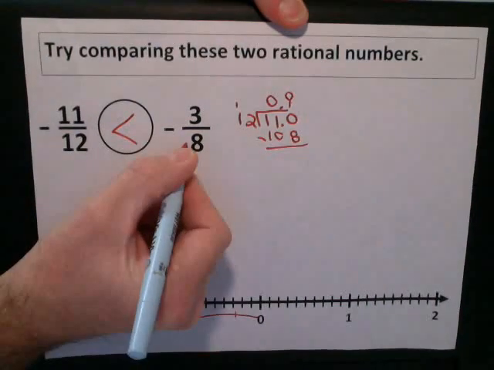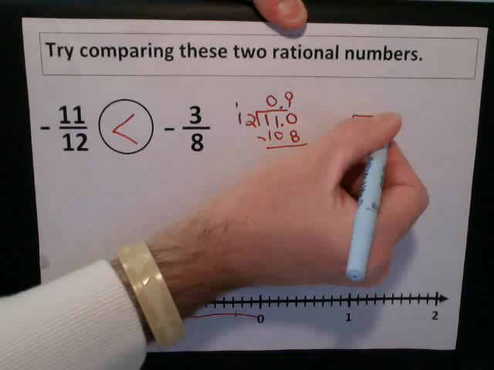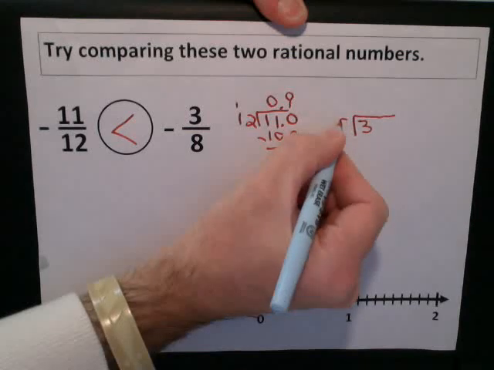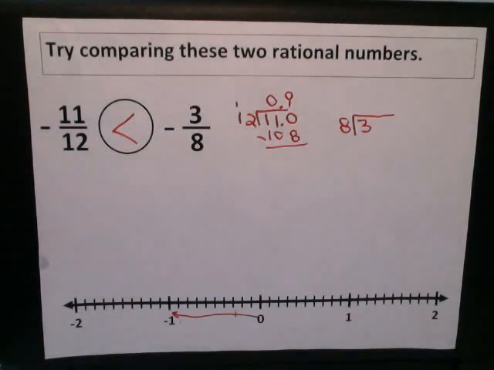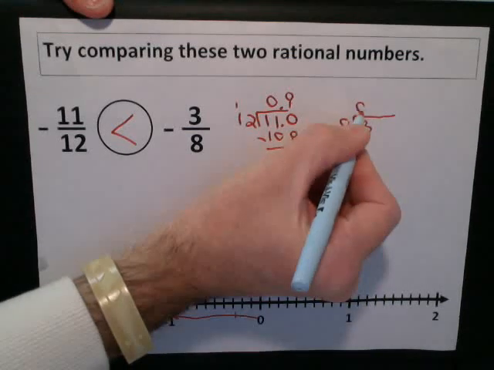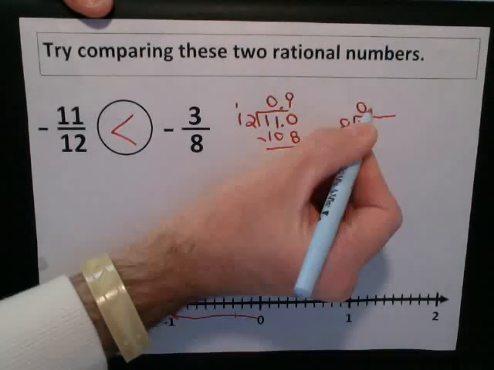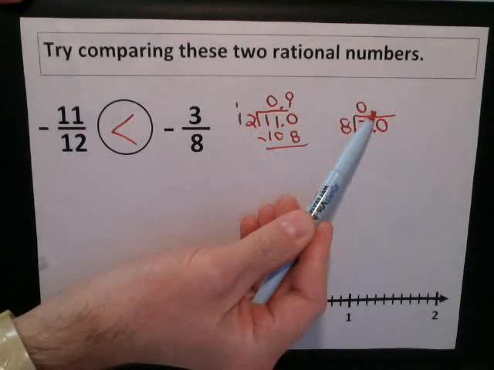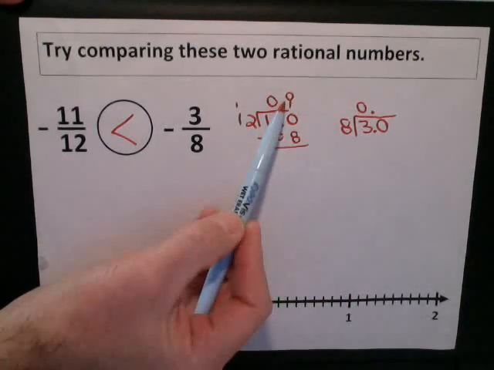So now let's take this 3/8 and see what we get when we divide 3 by 8. Well, again, 8 can't go into 3, so I'm going to put my decimal point in there and annex a 0. We just need the tenths to compare.